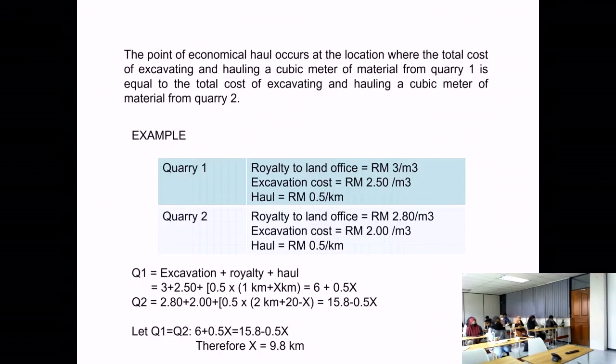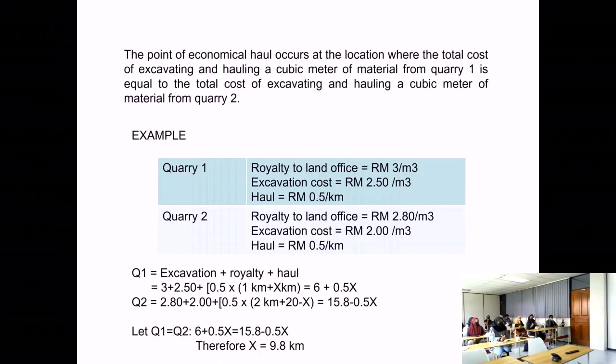So for the cost for quarry 1: cost of excavation plus royalty plus haul, transport. Haul has the distance information that we need. What is the distance? 1 km from the highway, plus X kilometers that we want to bring along the highway itself.